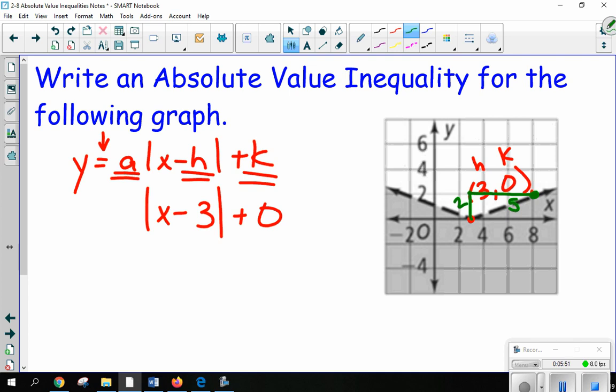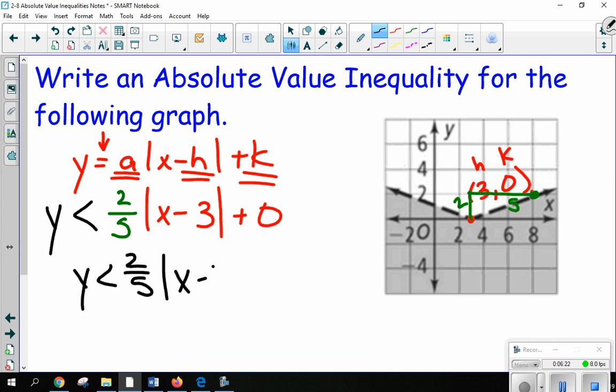So the slope is 2/5. Now, what symbol am I going to use to fill it in? Well, it's a dotted line, so that means it has to be greater than or less than. And I'm shading below. Shading below just means it has to be less than. Now, if you don't have the plus 0, that's okay. So it would be y is less than 2/5 times the absolute value of x minus 3.